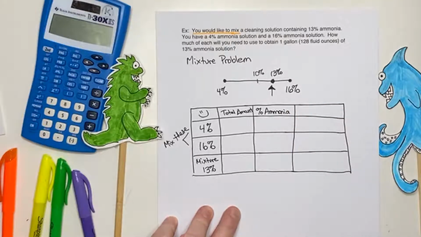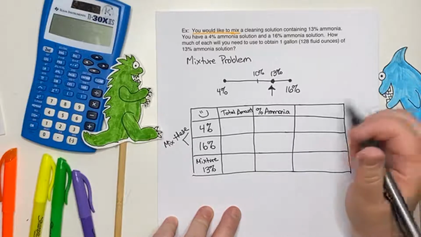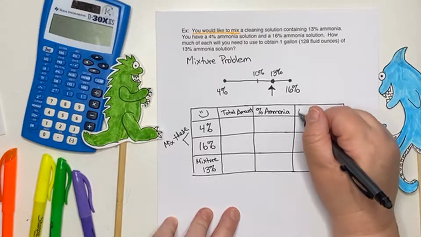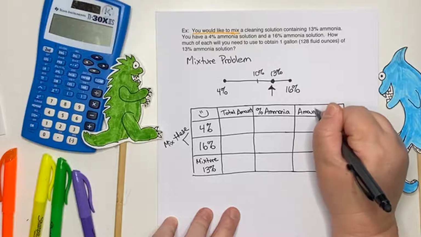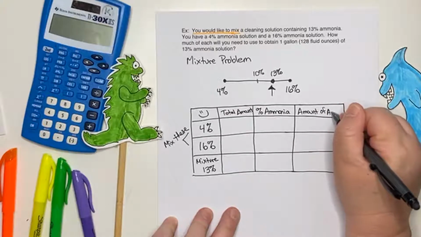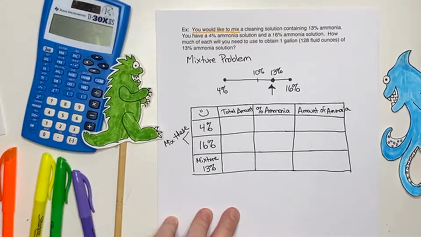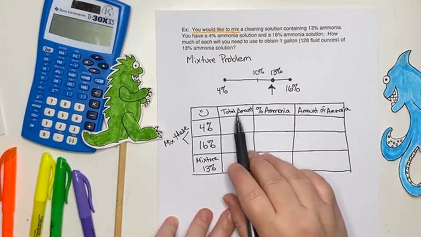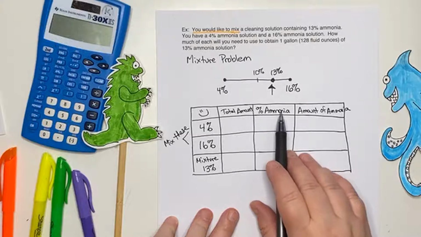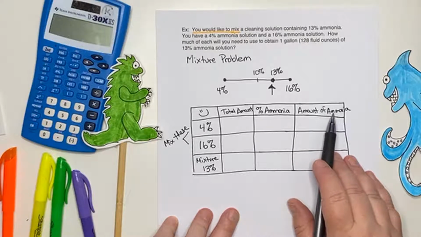And the third column is going to be the column that will say amount of ammonia. Okay, so total amount, the percentage of ammonia, and the amount of ammonia.